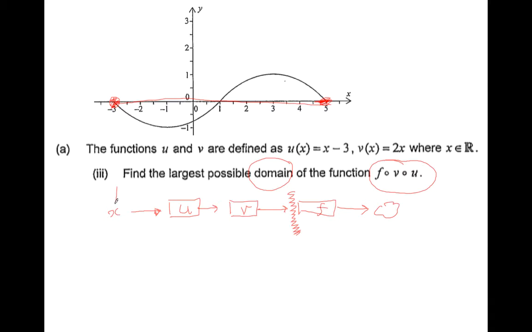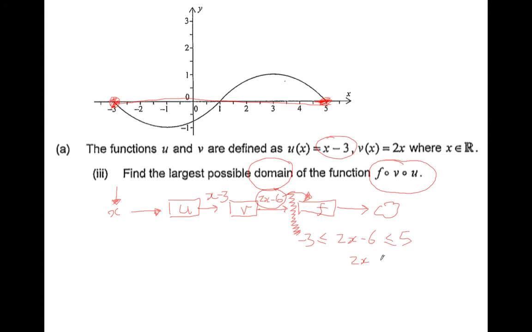So the original domain for the whole function, the original set of x values, x goes into u, out comes the input x minus 3. This gets fed into the v function. The v function takes inputs and doubles them. And now we know that this particular expression forms the input into the f function, but we know that the maximum feeding in value is actually going to be 5, and the minimum value we can feed in is -3, so that sets the condition for our inequality.